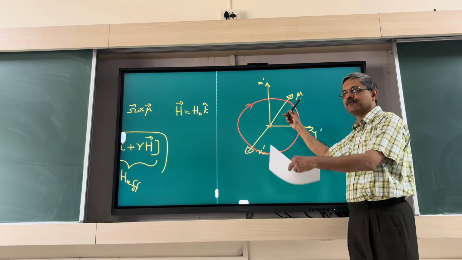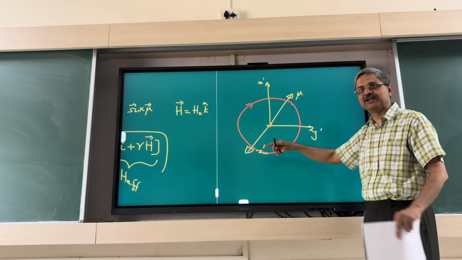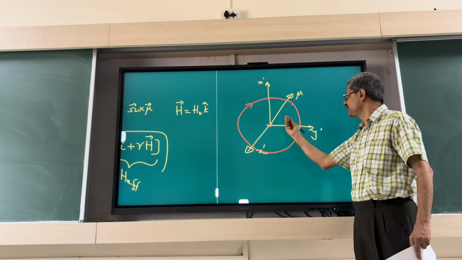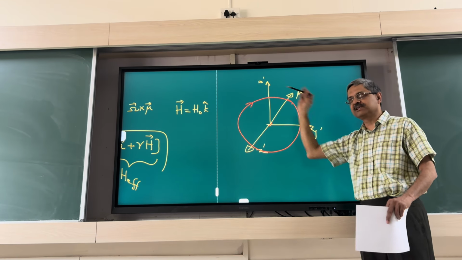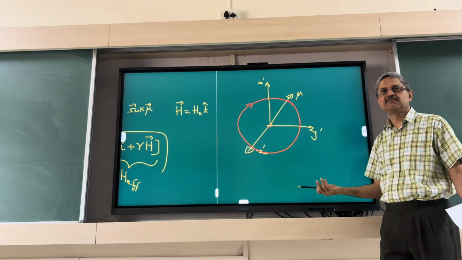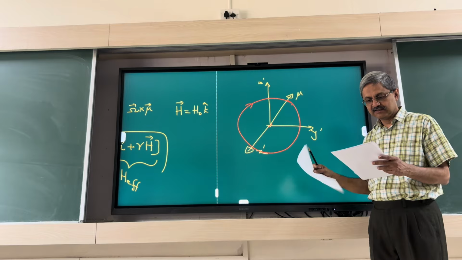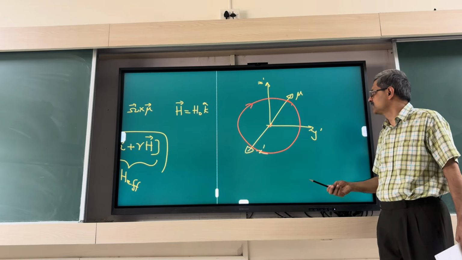Now if I apply another field which in the rotating frame looks like a field which is sinusoidal along the x prime direction, then this is going to precess about this x prime. So x prime is coming out of the board, it's going to precess in the plane of the board. Of course we can determine that precisely. So this is basically the classical description.